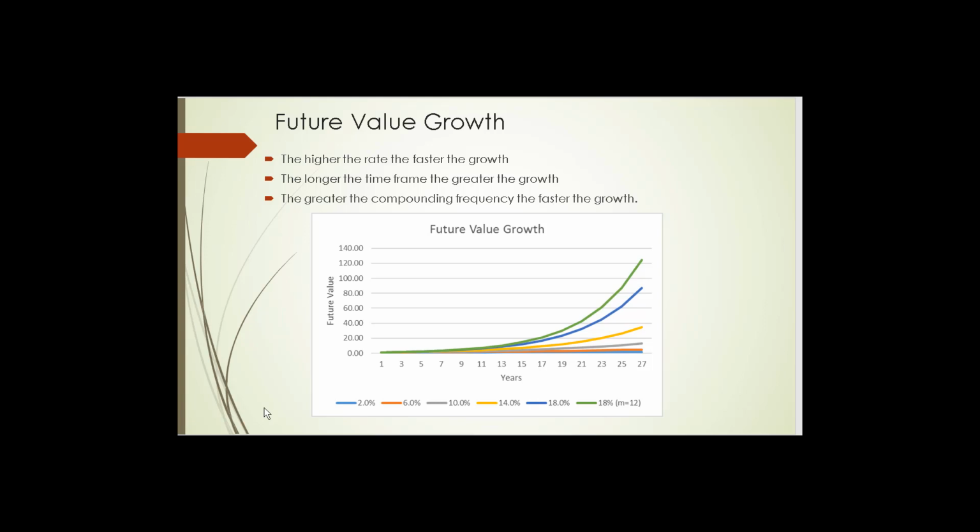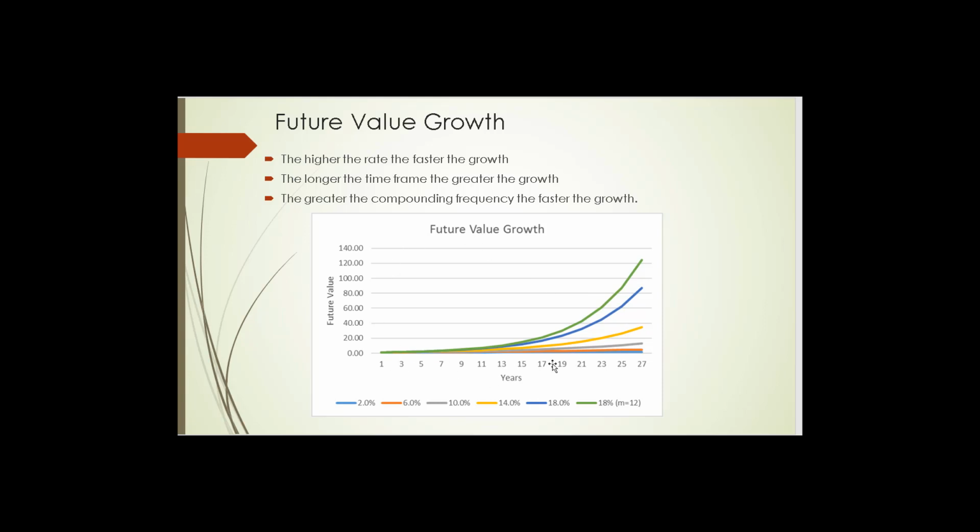So the higher the rate of return, the faster money grows. As you can see here, we have time going to the right, and each one of these bars or lines represents a growth rate. If you notice the end value for the blue line, which is at 18% compounded monthly, compared to 14%, which is the yellow, and working your way down, you can see that as interest rates go up, the value grows quicker.